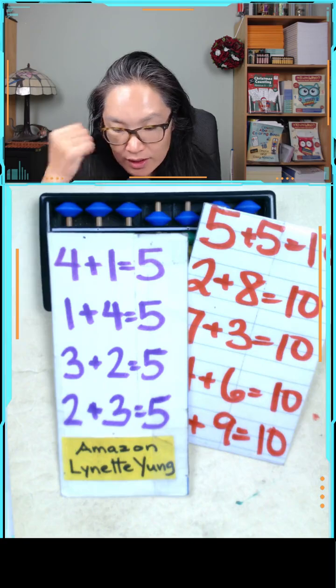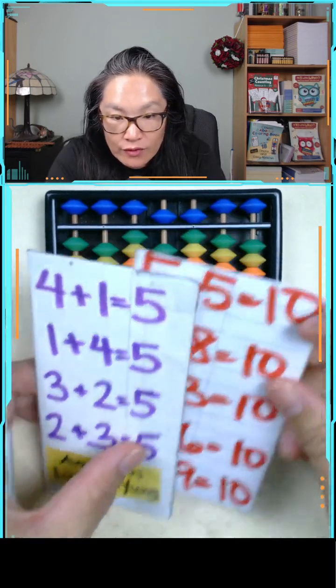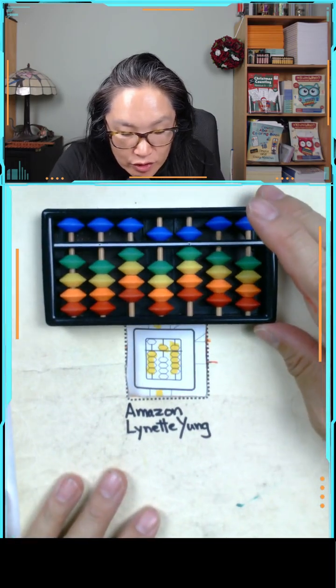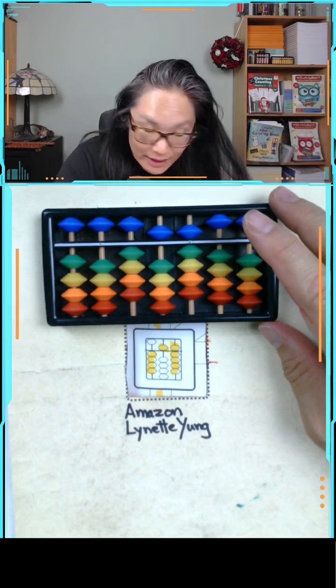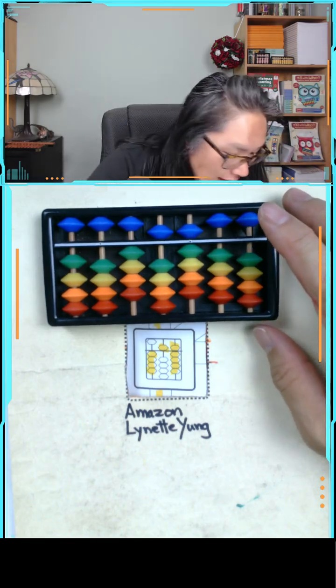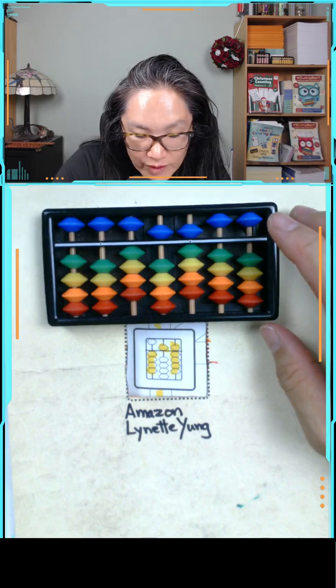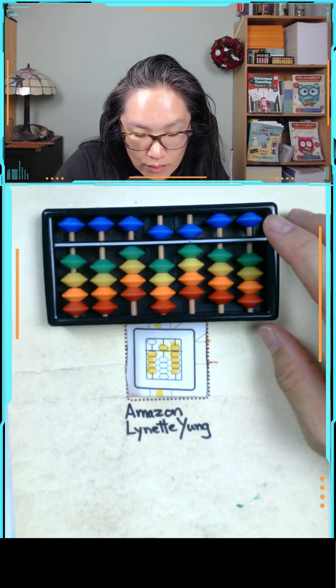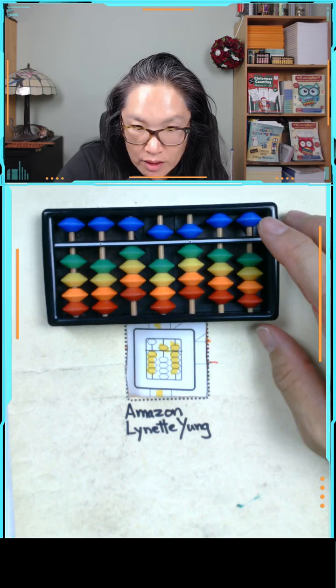But in abacus, you only need to know the set, and then you're done. That's all you need to do. So the first thing we're going to do is continue learning how to read the abacus, and then we're going to go into adding and subtracting. After that, we'll see if we can get into some multiplication. Division's a little bit more complex, and I don't really enjoy introducing it to a lot of beginners.